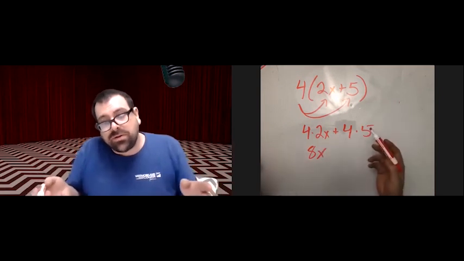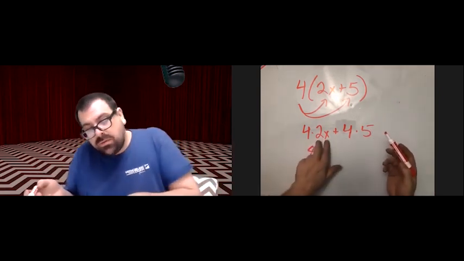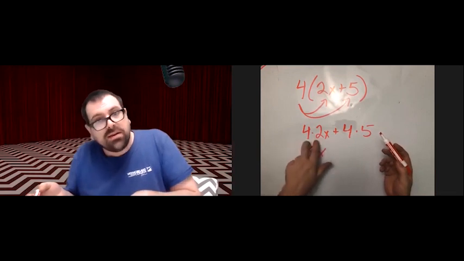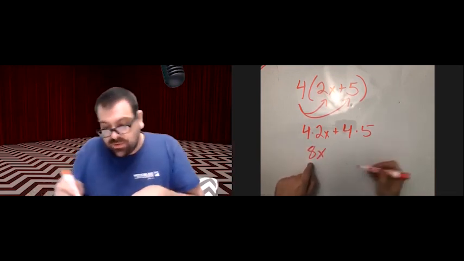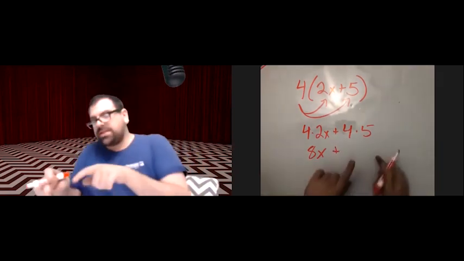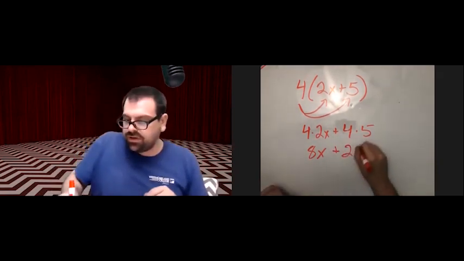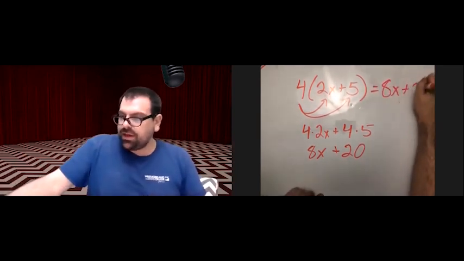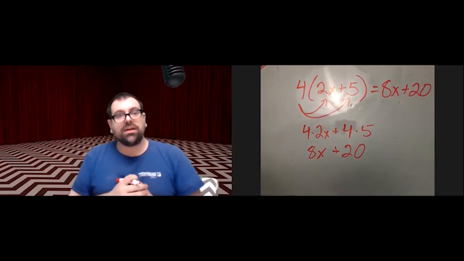And we can pick any 2 to do first. We can't do anything to the 2 times x, but we can do the 4 times 2. Plus 4 times 5 is 20. So our answer is 8x plus 20.